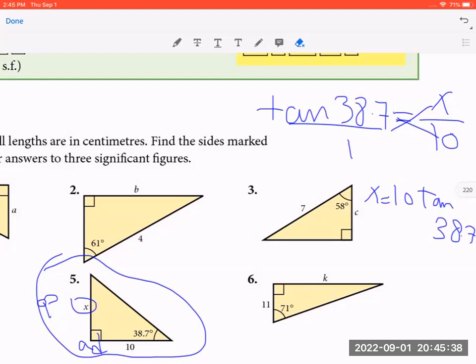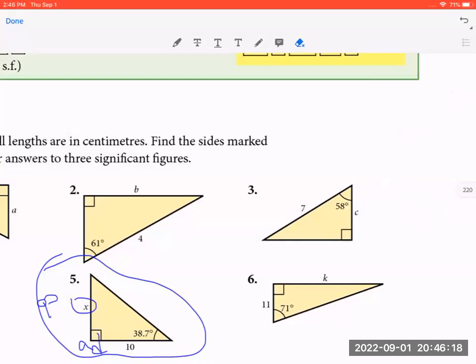Okay. Okay, I wrote it down. Okay, I erase this one.